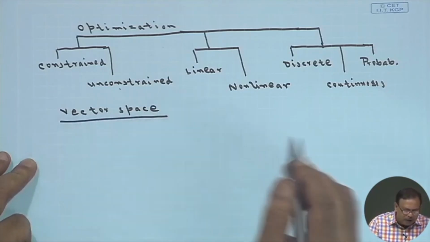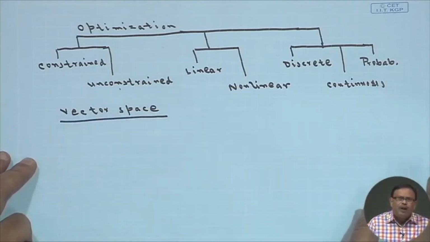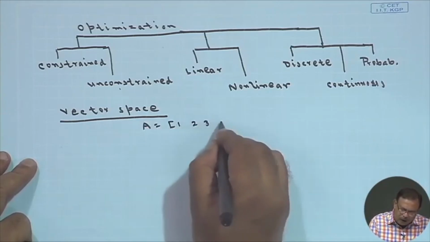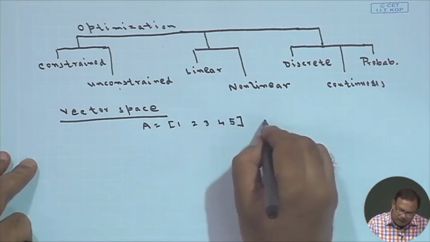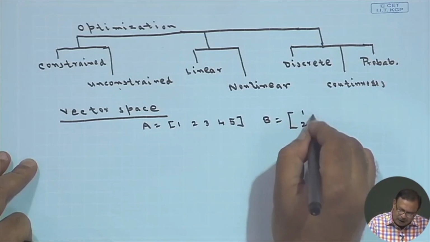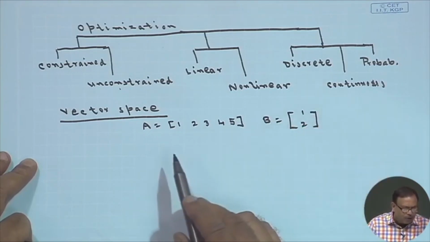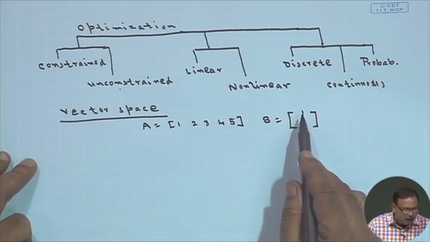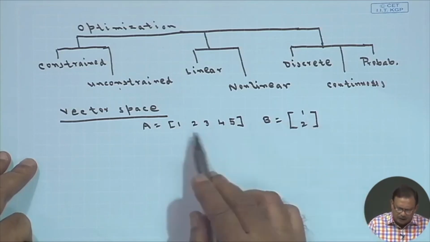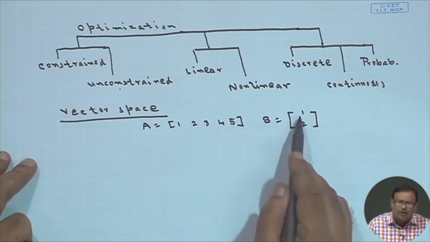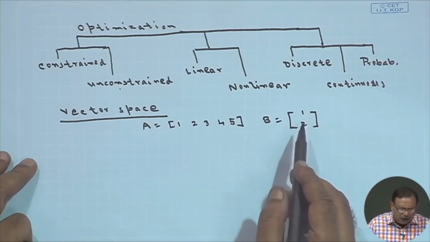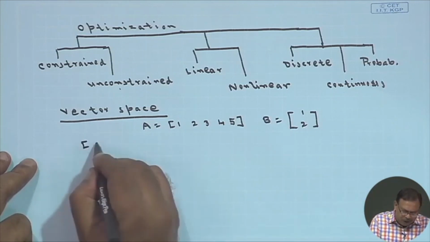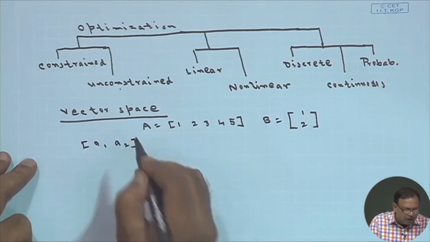One is vector space. Whenever you write a matrix, sometimes you write it like this, 1, 2, 3, 4, 5, or sometimes you write a matrix that is 1, 2. The first one is a row vector, the second one is a column vector. The row vector or column vector can be given geometric representations also. If you think of this, A1, A2, this is a vector.